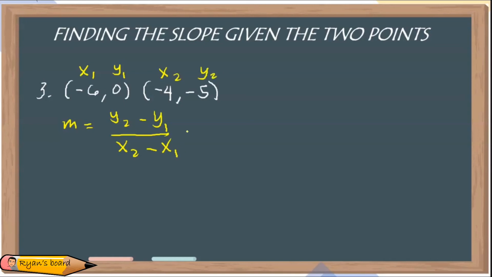Then substitute. Ating y sub 2 ay negative 5. Kopyahin mo yung minus. Ano yung ating y sub 1? That's 0. Okay. What is our x sub 2? Negative 4. Ayun. Copy minus. Ang ating x sub 1 ay negative 6. So, since we have minus tapos negative, ilagay sa loob ng parenthesis. Now, negative 5 minus 0, that's negative 5.